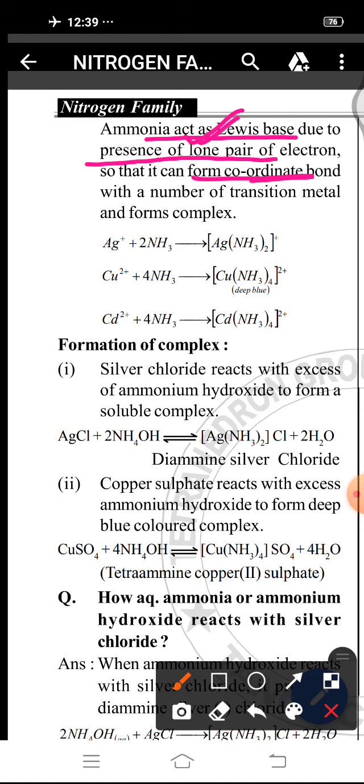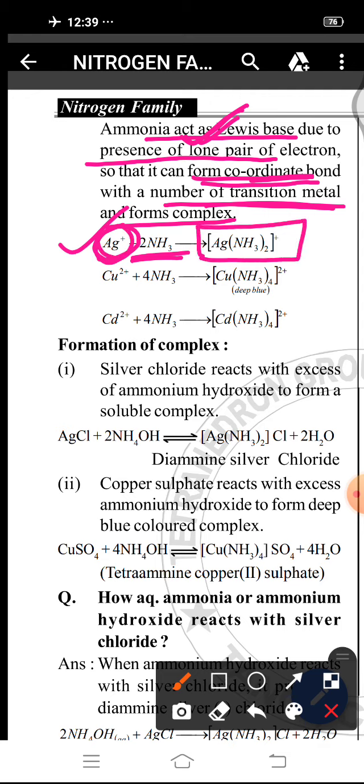So due to presence of lone pair of electron, it can form coordinate bond with a number of transition metals and forms complex. In this case, Ag plus is a transition metal; when it reacts with ammonia, the 2 ammonia molecules form 2 coordinate bonds with the Ag plus ion and form this complex. When copper 2 plus ion reacts with 4 ammonia, it forms this complex.